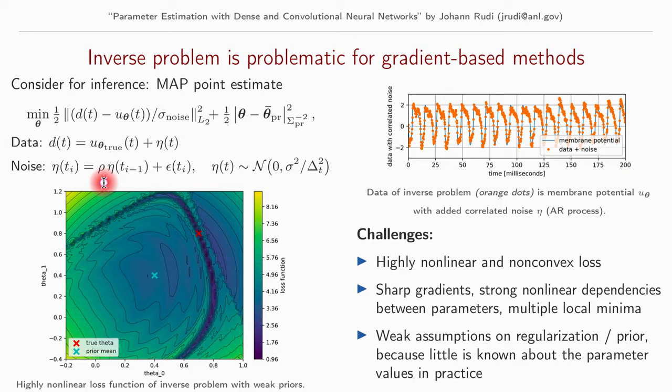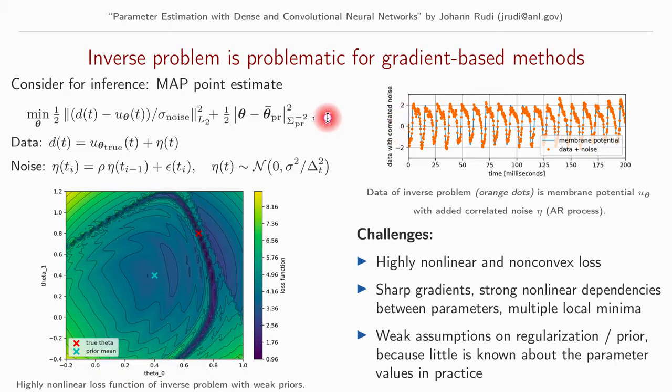So this is an autoregressive process. So if noise is added to our U theta true, one example of it is depicted here, where the orange dots are the noisy data corresponding to the clean or true membrane potential.